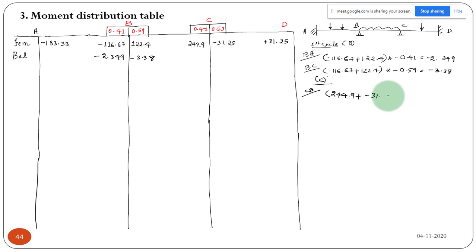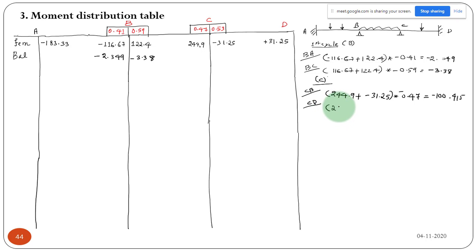Take the algebraic sum, that is your unbalanced moment. Multiply with minus 0.47. If you do this, you will get the moment for the CB span, that value will be minus 100.415.